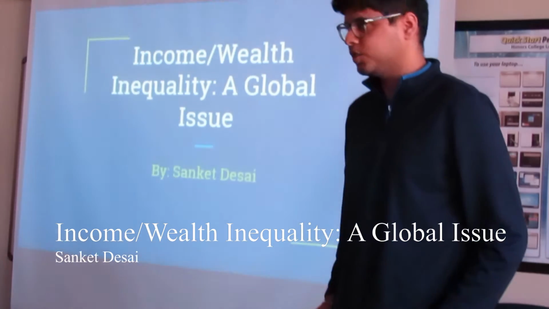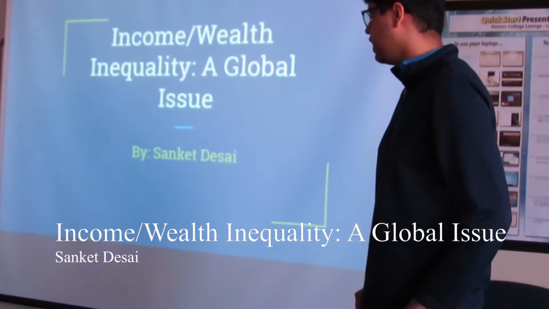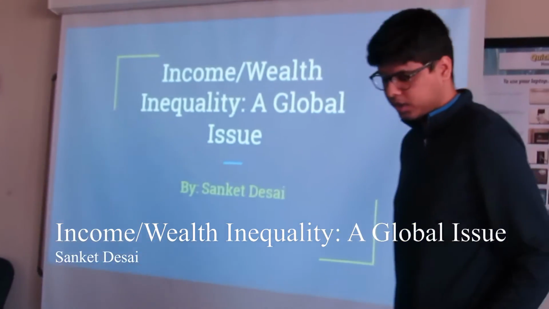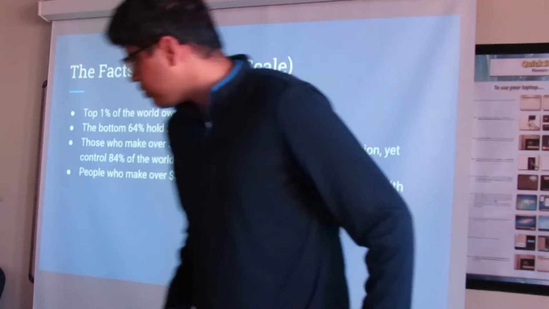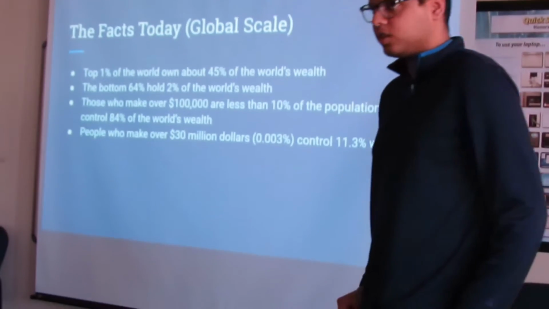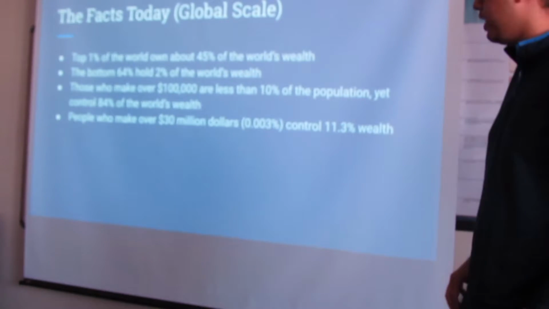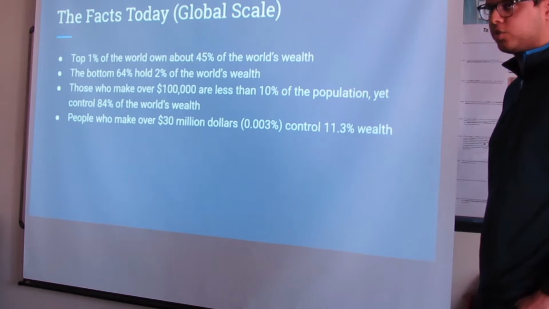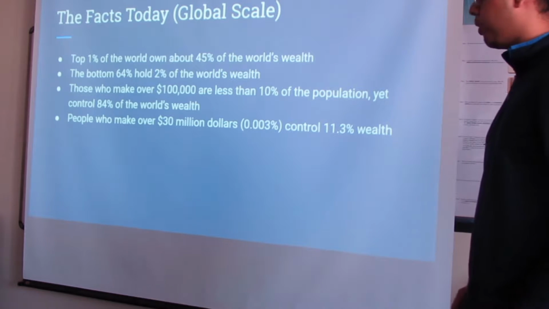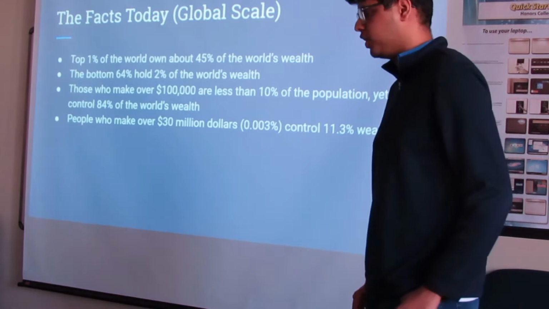Sanket, I'm a pharmacology major, and my topic is income and wealth inequality in the world. So the facts today are basically that income inequality and wealth inequality is very great in that the top 1% of the world control about 45% of the wealth, and the bottom 64% only hold about 2% of the wealth.